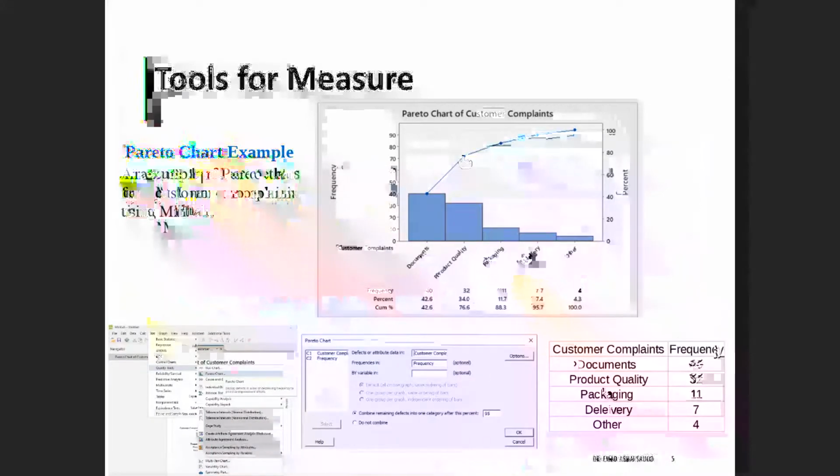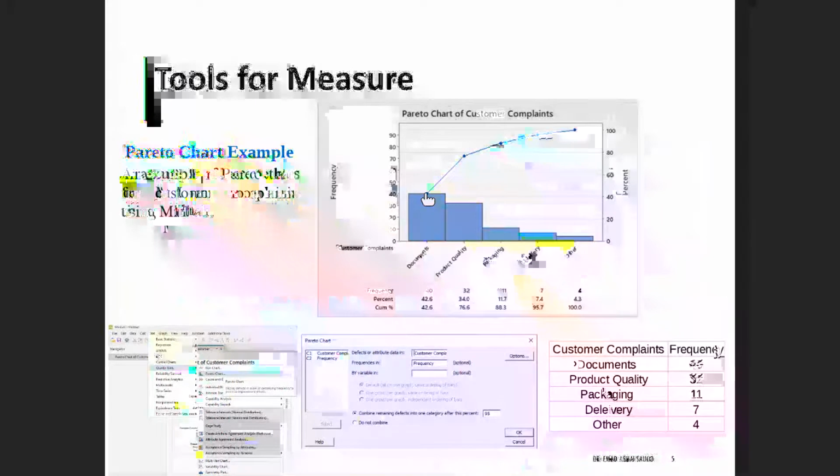If you would like to achieve the 80%, you may go to this level here, which will include the product quality with the documents. But 42% from the documents will be fair enough to reduce the frequency of complaints, and they are coming from one category.